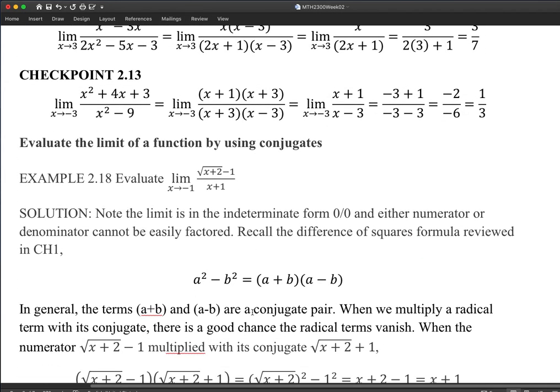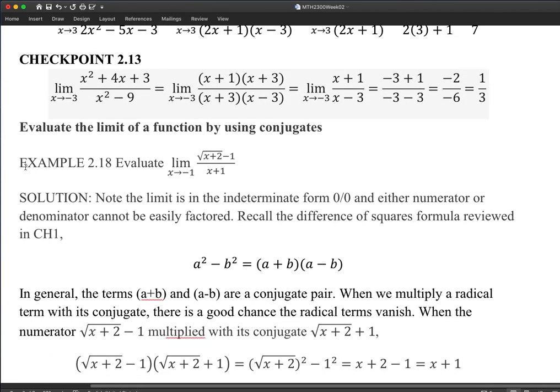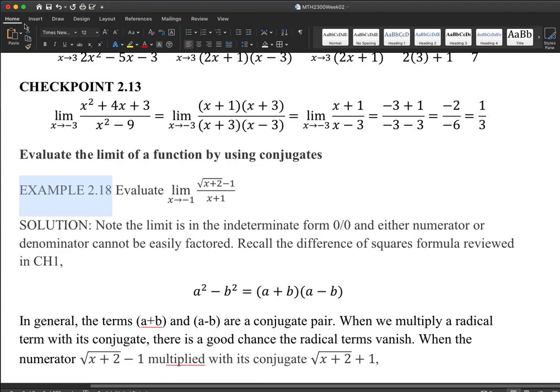This is example 2.18 from the textbook. And indeed, as you can tell, direct substitution is not going to work. If I replace x with -1, then -1 plus 1, that denominator is 0.